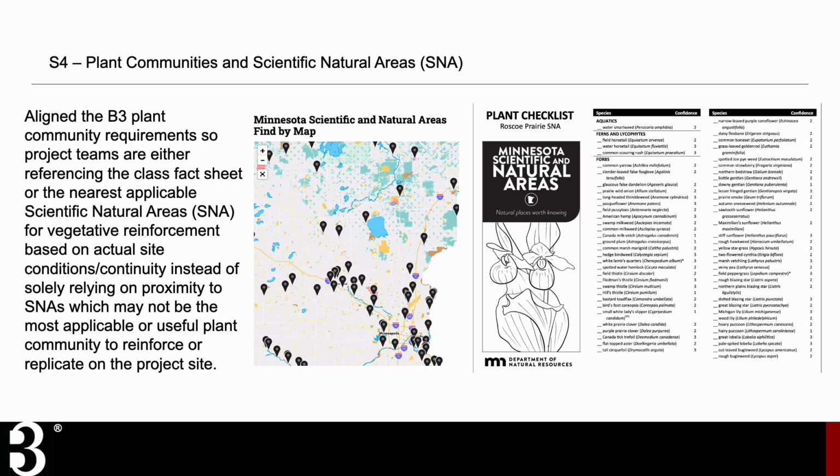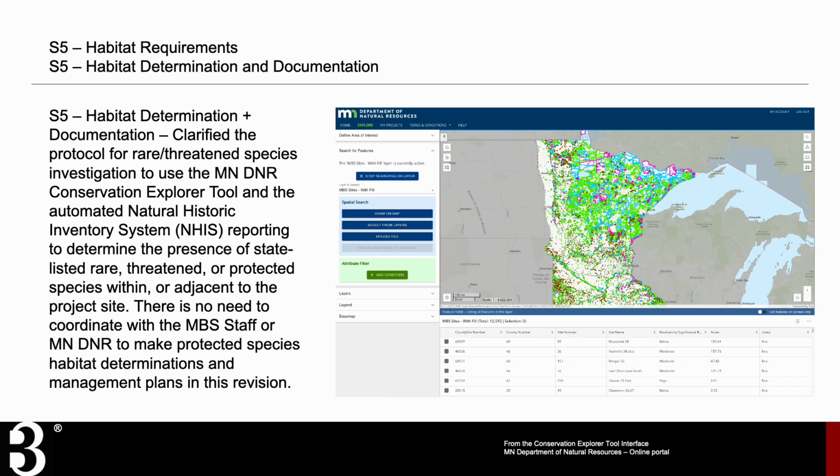This tool is an online GIS-based resource that allows project teams to find adjacencies and locate their project within a larger context. These two options should give project teams, and specifically landscape architects, a clear and direct way to navigate their native plant selections and habitat types that are most applicable to their site conditions.